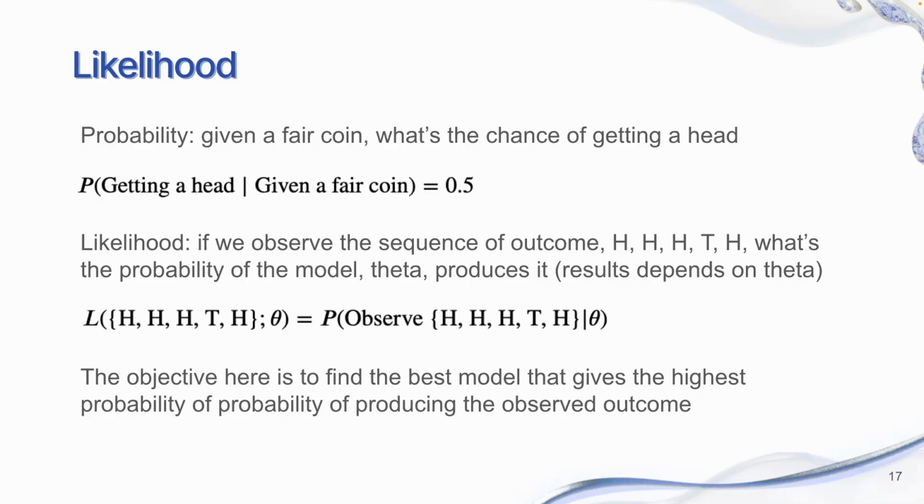So it's always from model to data. But for likelihood, you observe the data first, and then you try to figure out what sort of model generates this. Likelihood always goes from data to model, whereas probability goes from model to data. So it's kind of inverse.